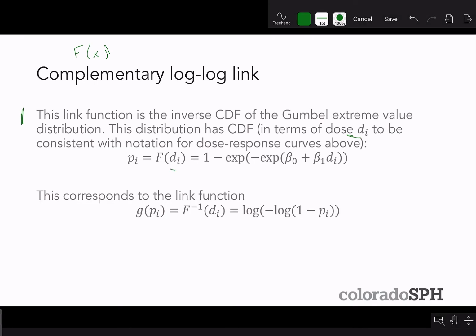So in this case, our CDF, which is also our probability that we're interested in modeling, is 1 minus the exponent of the negative exponent of your linear predictor term, and then exponentiating that, and 1 minus that. And this corresponds to the link function that is written below.